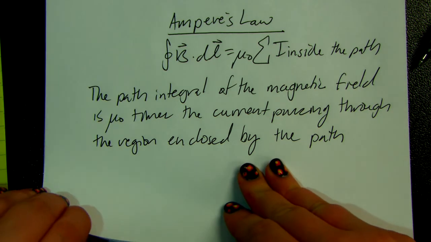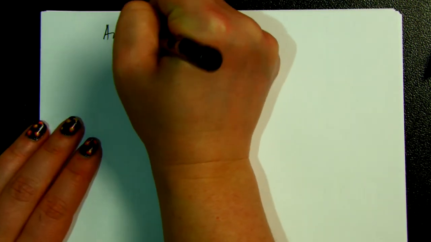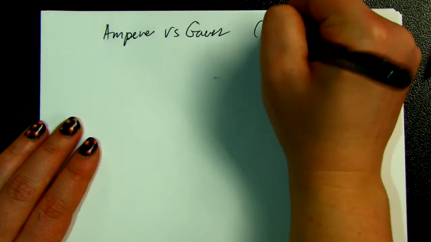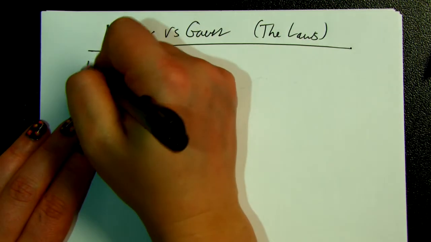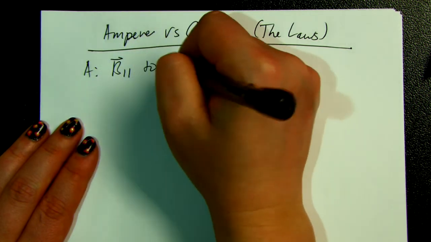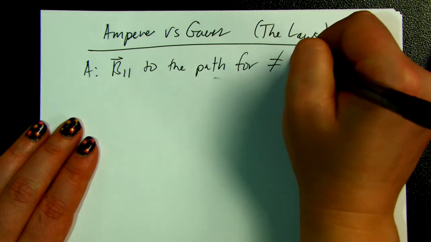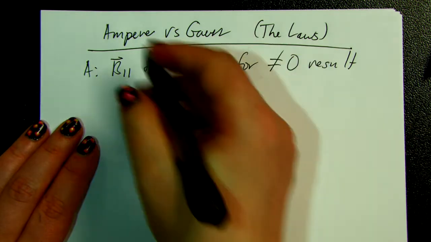All right, so let's compare Ampere and Gauss. Well, not the people, the laws. For Ampere, B needs to be parallel to the path for a non-zero result because it's a path integral, not a surface integral.